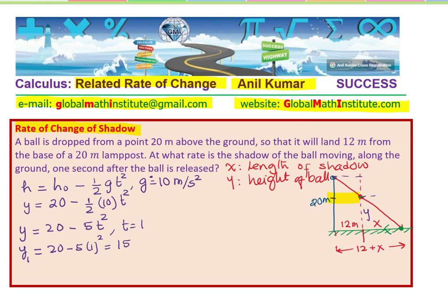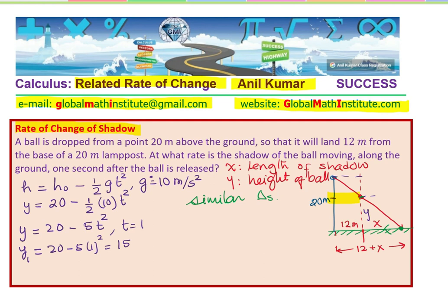Great. So we know this. Now, how do we relate it? We can see similar triangles, right? And the ratios will be constant.